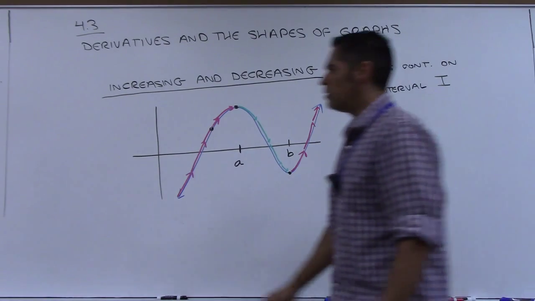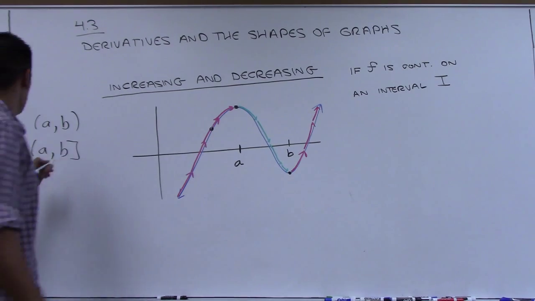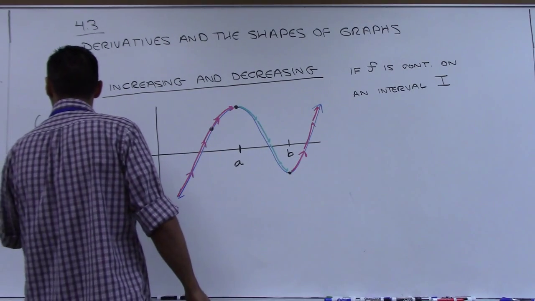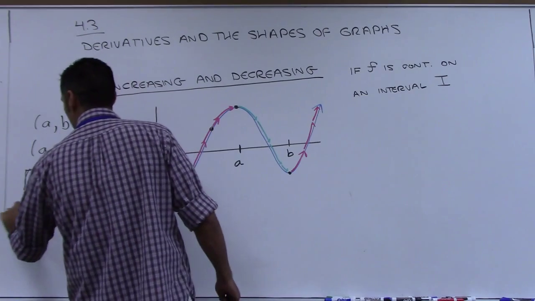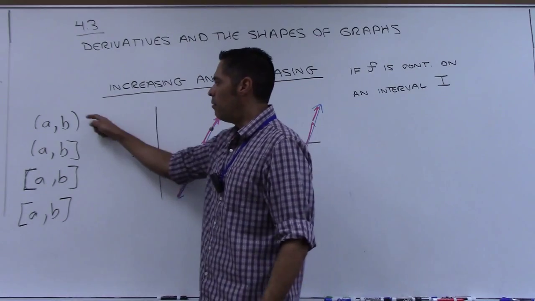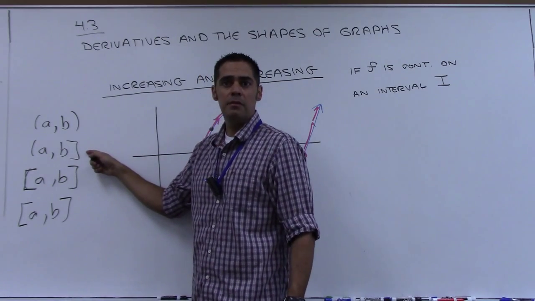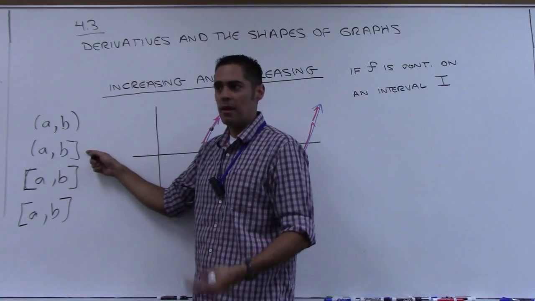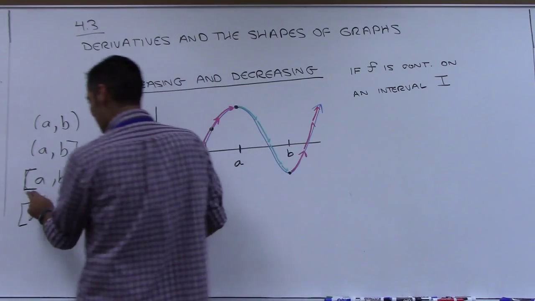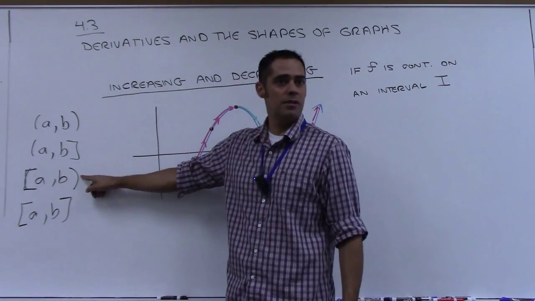How many different types of intervals are there? You could have an interval like (a, b). You could have [a, b). You could have (a, b]. You could have [a, b]. You could have what we call an open interval, half open or half closed, and this would be closed.